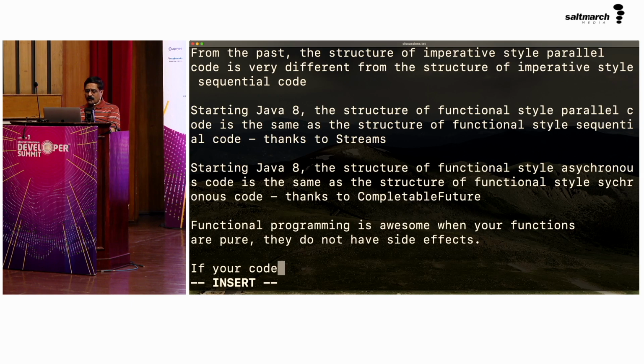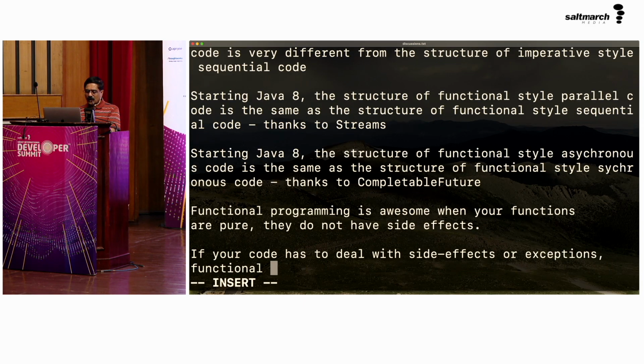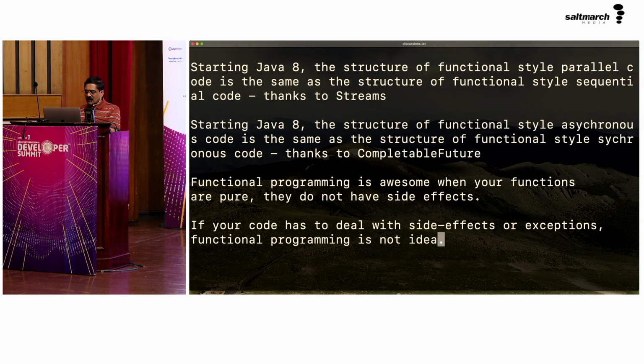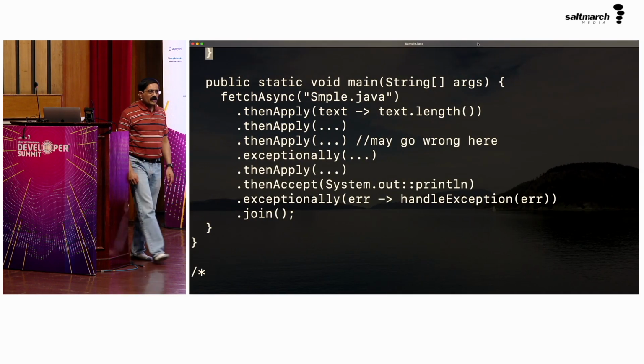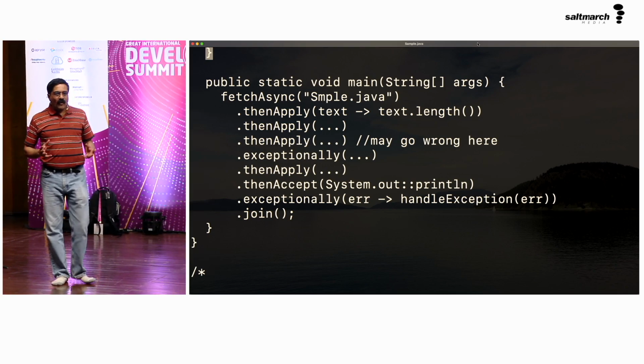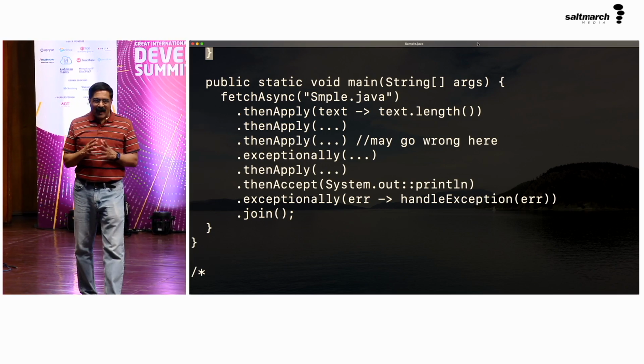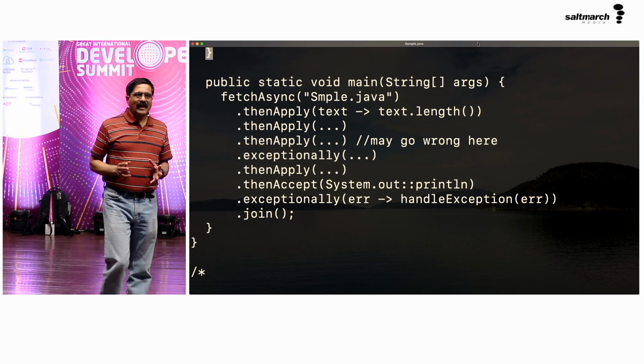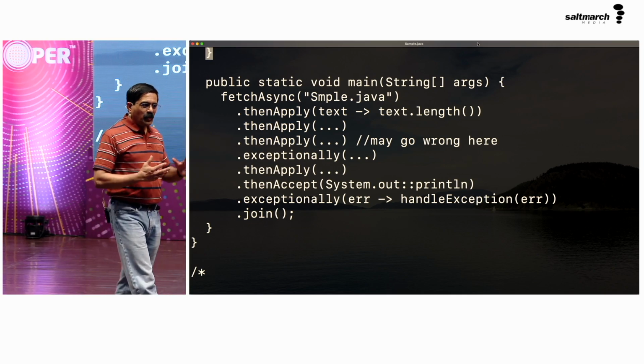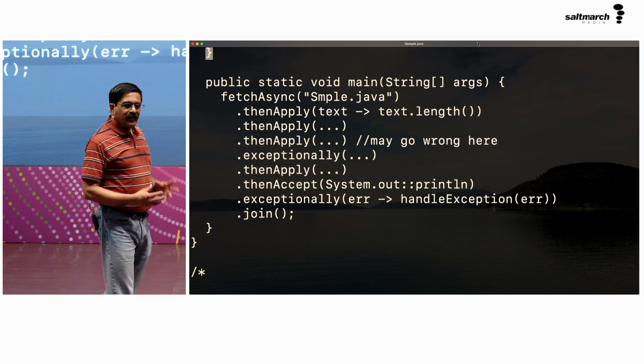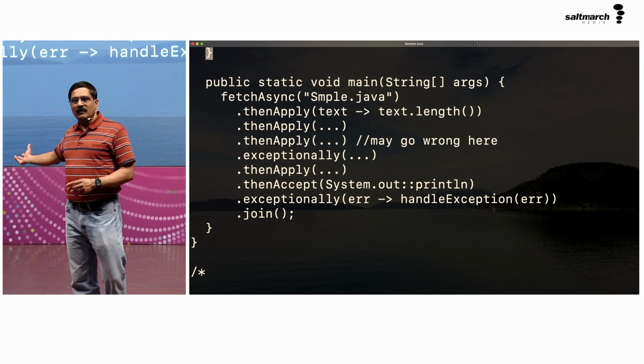If your code has to deal with side effects or exceptions, functional programming is not ideal. Look at the code. It's no longer that cute little easy to follow code. It has turned into spaghetti code. It becomes unmaintainable. And the more logic you have to process and more exceptions you have to deal with, that becomes incredibly hard, isn't it?